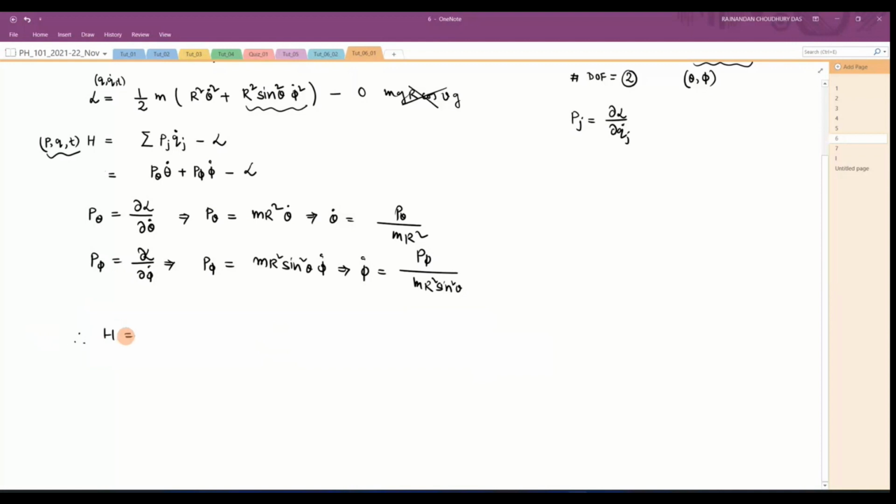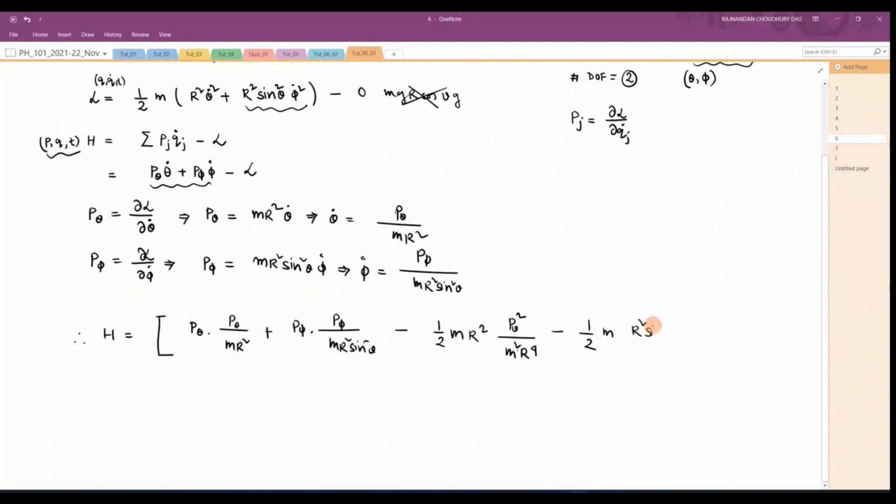So our Hamiltonian will become p theta times theta dot, which is nothing but p theta by m r square, plus p phi times phi dot, which is p phi by m r square sin square theta, minus the Lagrangian. The Lagrangian is half m r square theta dot square, which means p theta square by m square r to the power 4, plus half m r square sin square theta phi dot square, which is p phi square by m square r square sin to the power 4 theta.